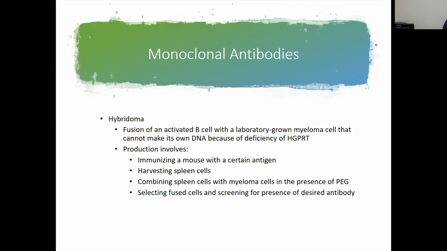Hypoxanthine, aminopterin, thymidine. That's what we call HAT. Another chemical there. Hybridoma cells grow in that, and the spleen cells, if they're by themselves, die. And the myeloma cells, if they didn't fuse, die. So the only ones that grow are the hybridoma cells in the HAT.